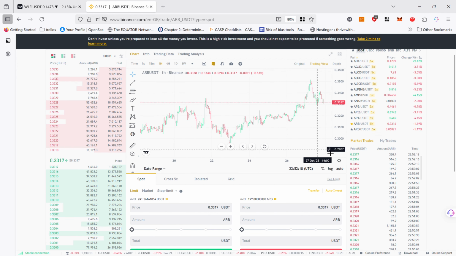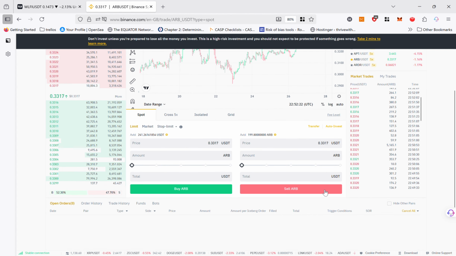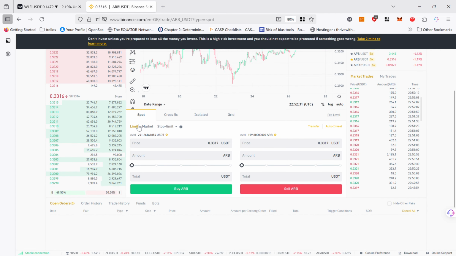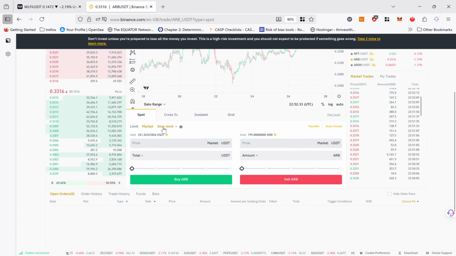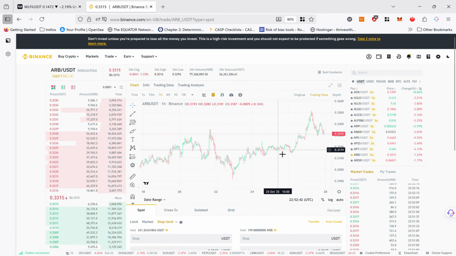Market, stop limit. Here we go. Limit, market, stop limit. It's not giving me OCO orders. I'll have to investigate why it's not allowing me to set a stop OCO.